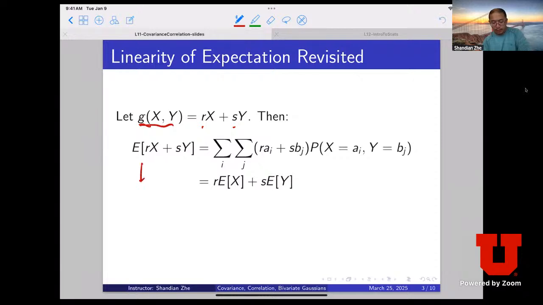The idea is that we start with the definition. If we want to calculate the expectation of a function of the random variables, not a random variable itself, what should we do?